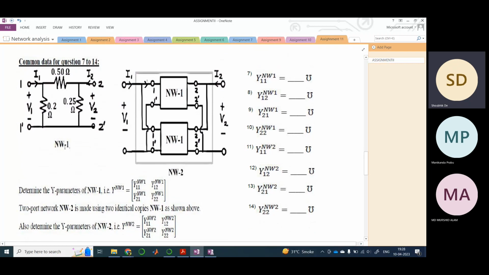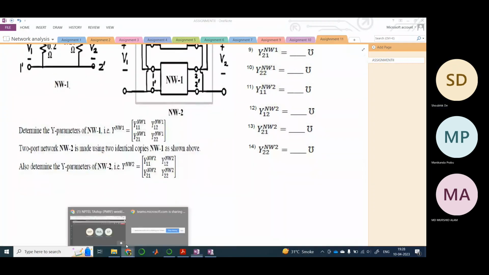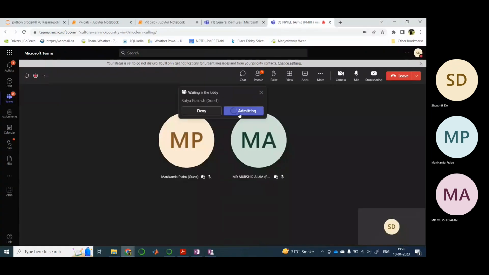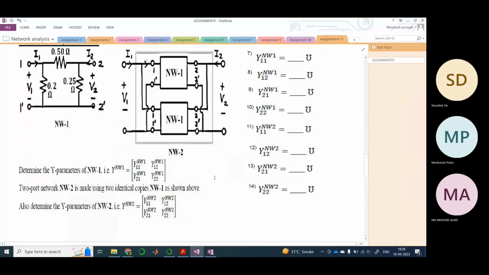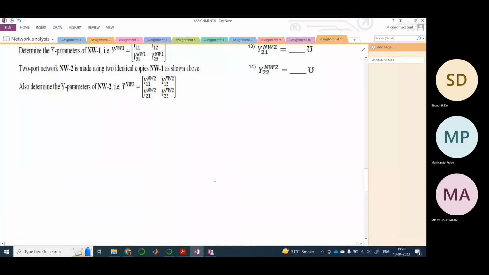First, we need to determine what are the y parameters of the initial circuit. So let us now draw the circuit once. Then we will start.